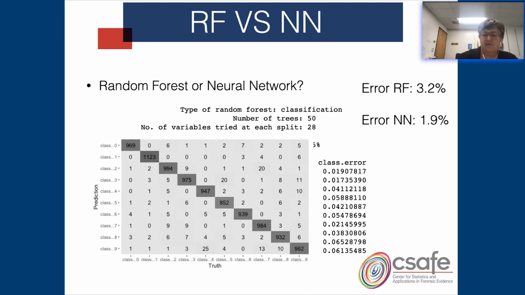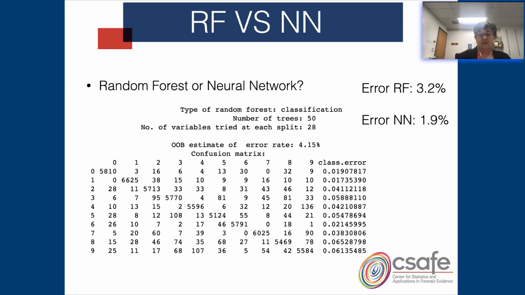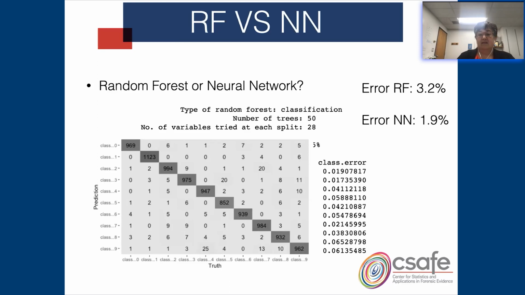So how does the neural network do on exactly the same data? Here's the confusion matrix, and you can see that there's a lot of zeros suddenly in there. There's a few zeros for the random forest, but a lot more zeros for the neural network.